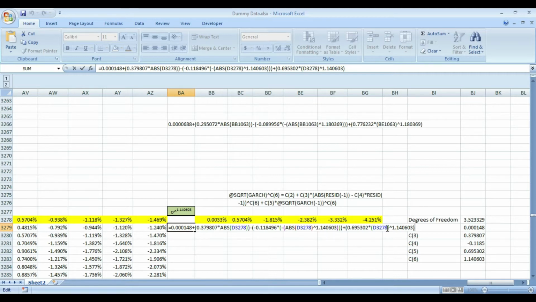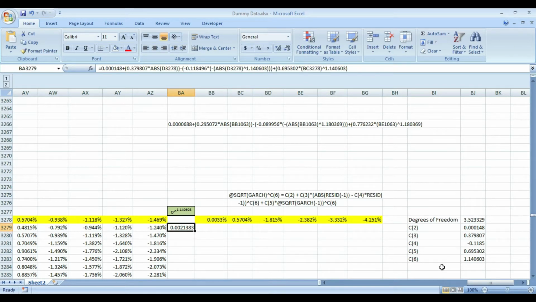Okay, so square root of GARCH n minus 1 is simply the standard deviation, which is this value, right? Square root of variance, we got that, then to the power of C6. So C6 is this value. So now this should probably work.